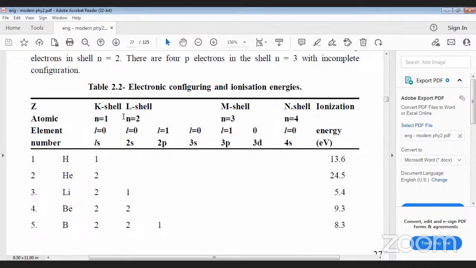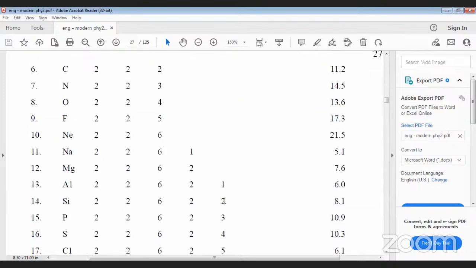In the K shell, L shell, M, N, like that, how are the electrons arranged? For hydrogen, the electron configuration is 1s1. Helium is 1s2. Then 1s2 2s1, like that. Here 2 electrons are in the K shell, and in the L shell 1 electron is there, like that.